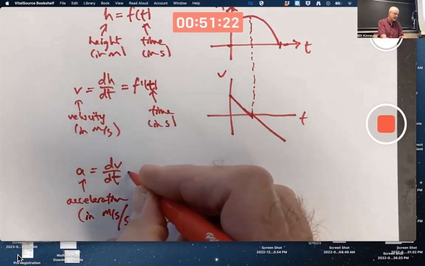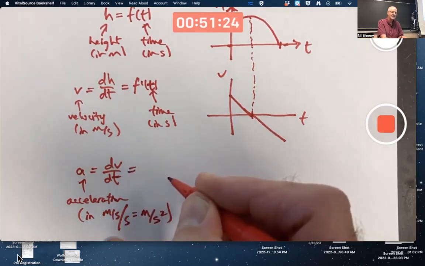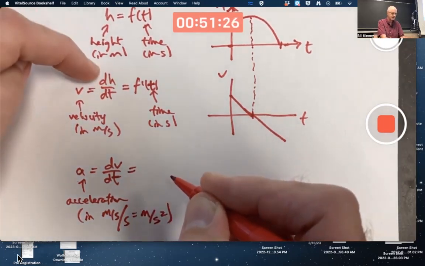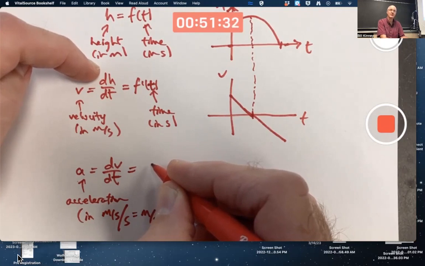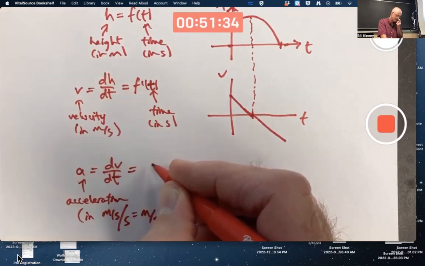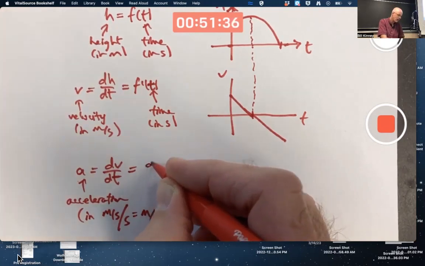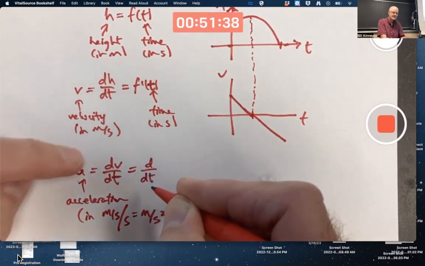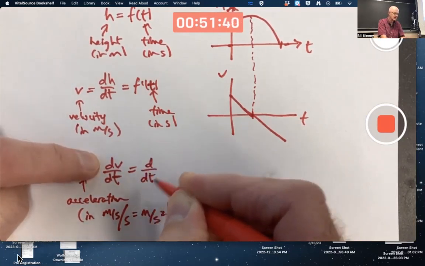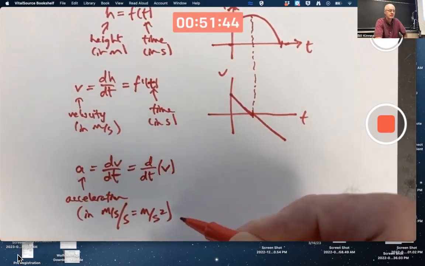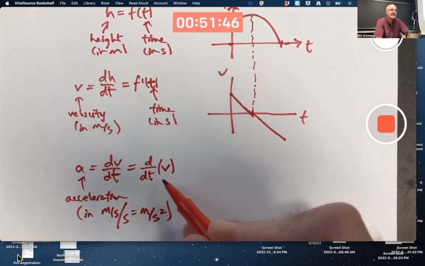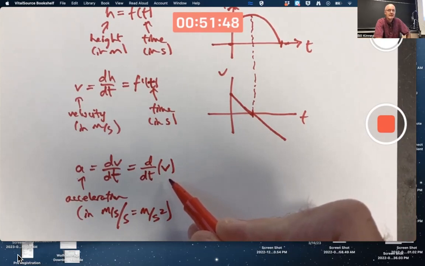It's the derivative of velocity, but the velocity itself is a derivative. So it's a derivative of a derivative, a second derivative. If you wrote this dv/dt in Leibniz notation in this way, which is done sometimes, d/dt of v, realize v is a function of t.